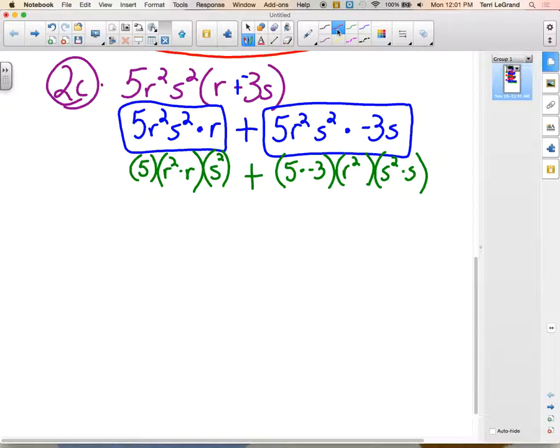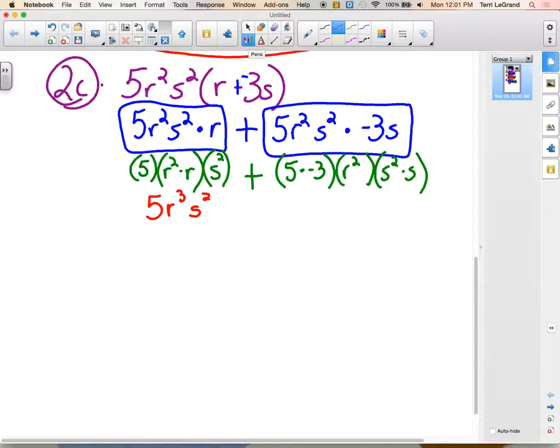So what's the product of the first multiplication here? Tell me what that one is. What's 5 times the r's times the s's? Cameron? 5 r to the third s squared. Okay. 5 r to the third. I'm going to erase that a little bit because I told you not to do that, and I shouldn't either.